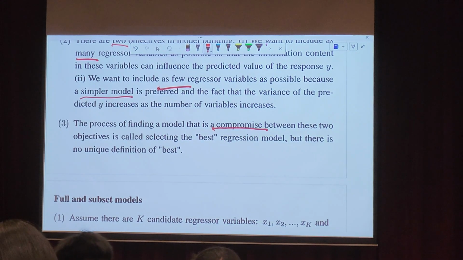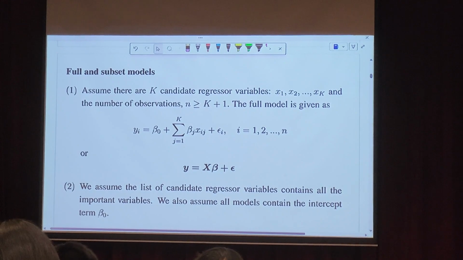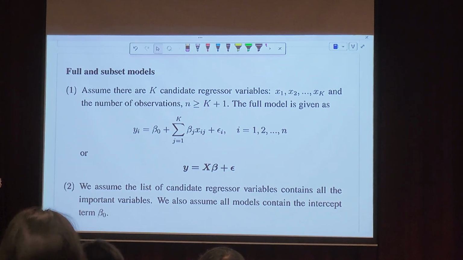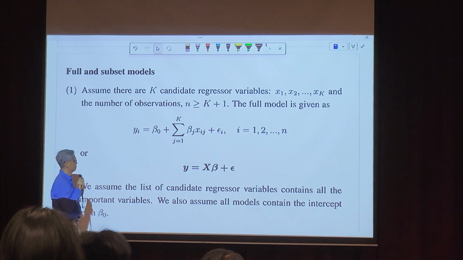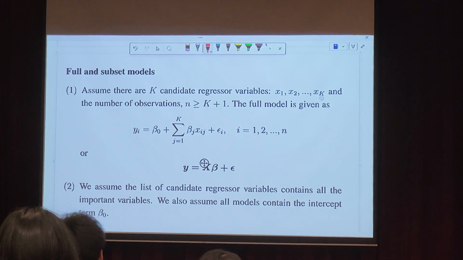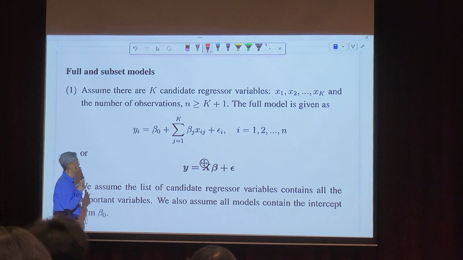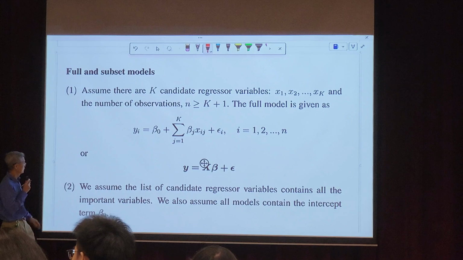For the next few slides, we want to try to understand the full model and the subset model and the differences between them. I try to follow the notation of the book, but there is a bit of inconsistency in the notation. Here, they use capital K when we use small k, so it's okay. That one is not too big a problem. So we have our usual multiple regression model with K regressors. I can write it this way.